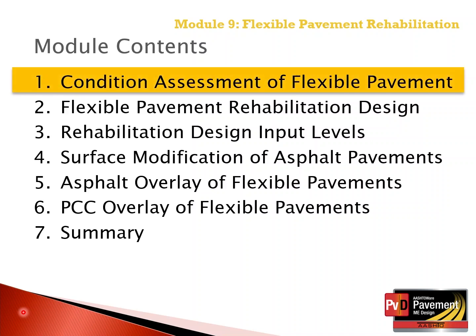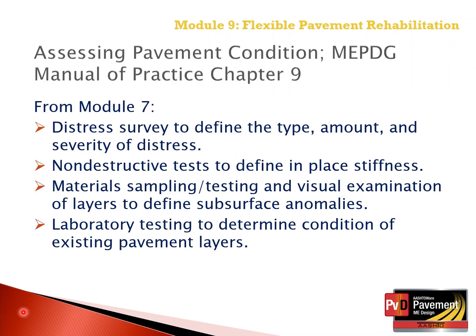We will start with the condition assessment of flexible pavements. And as you will remember from Module 7 on an overview of pavement rehabilitation, Module 7 discussed the use of distress surveys to define the type, amount, and severity of distress.